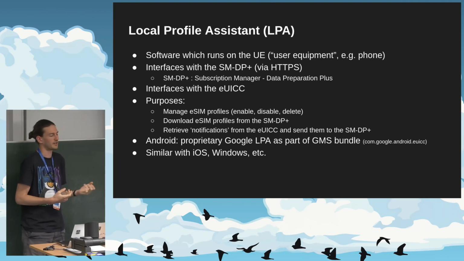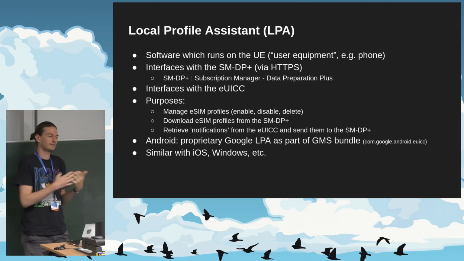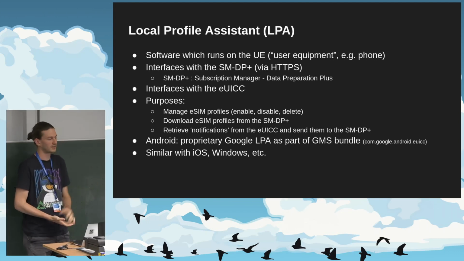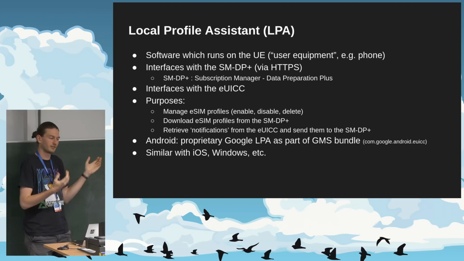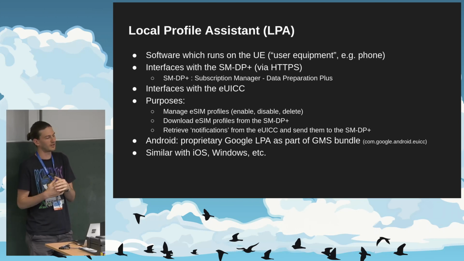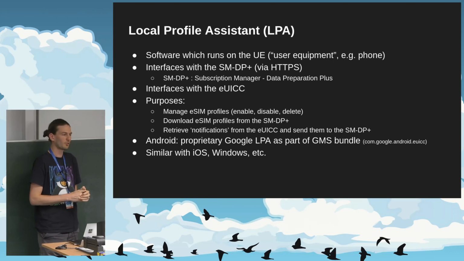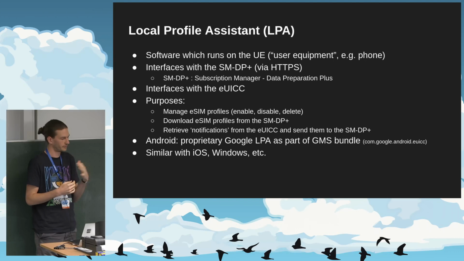The LPA is basically the component responsible for managing the eSIM profiles, so enabling, disabling, deleting, and, as I said, downloading new eSIM profiles from the SM-DP+. And from the other side, from the SIM card, it can create some notifications, as they call them, which it will do if it has successfully installed the profile that you've downloaded.